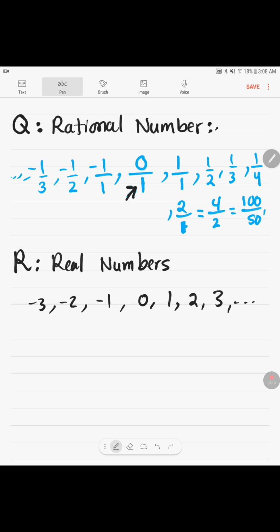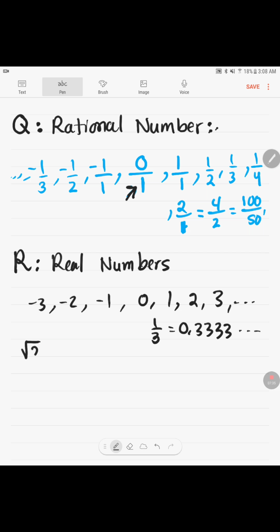as well as numbers like 1/3, which could be represented as a decimal, 0.3333, an infinite representation.